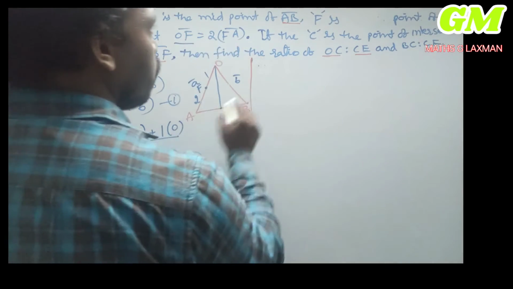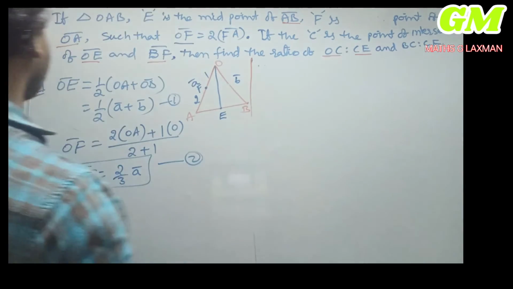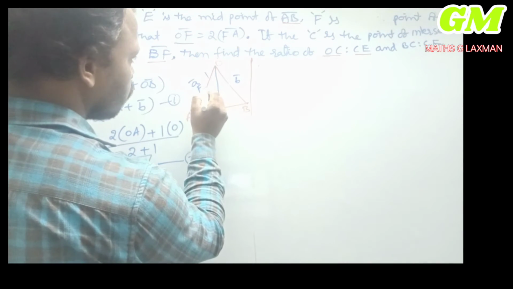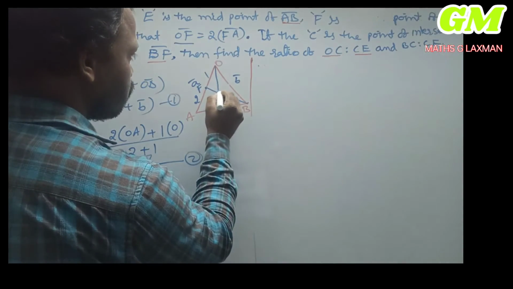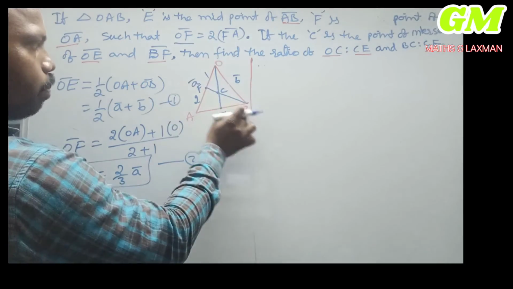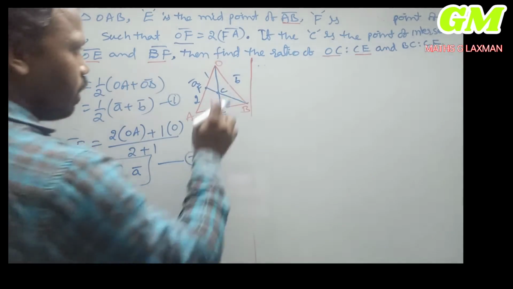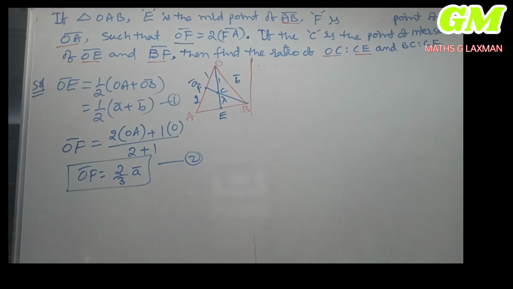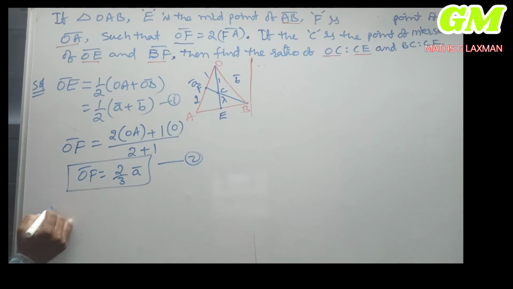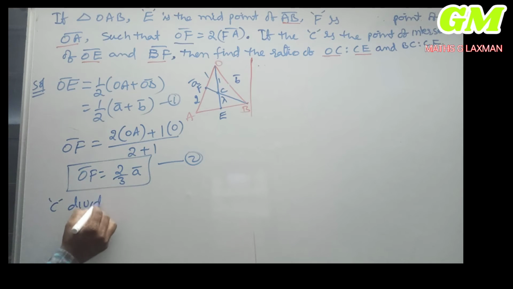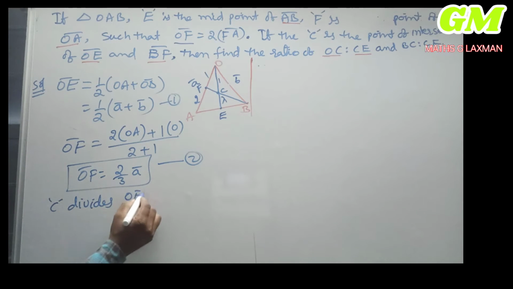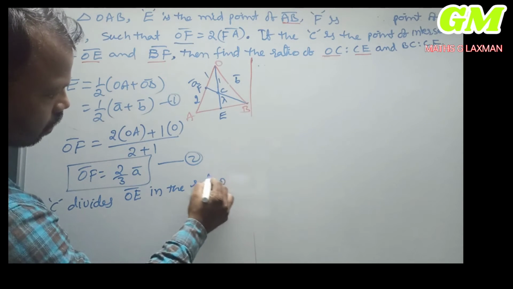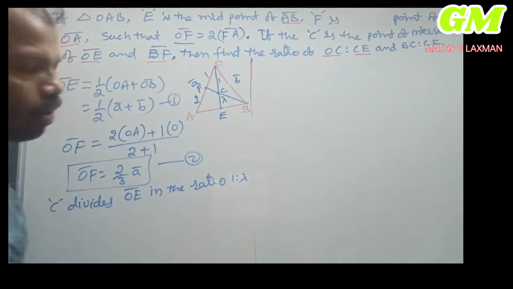Now, C is the point of intersection of OE and BF. So let us join BF, and this is C. C is the point of intersection of BF and OE. Let us take C as a point which divides OE in the ratio 1:lambda.